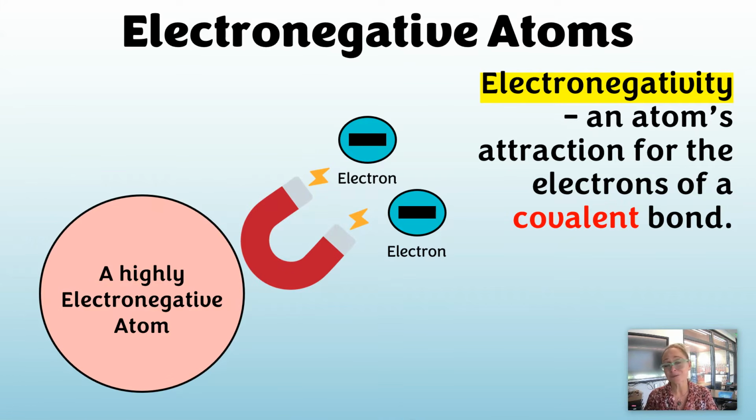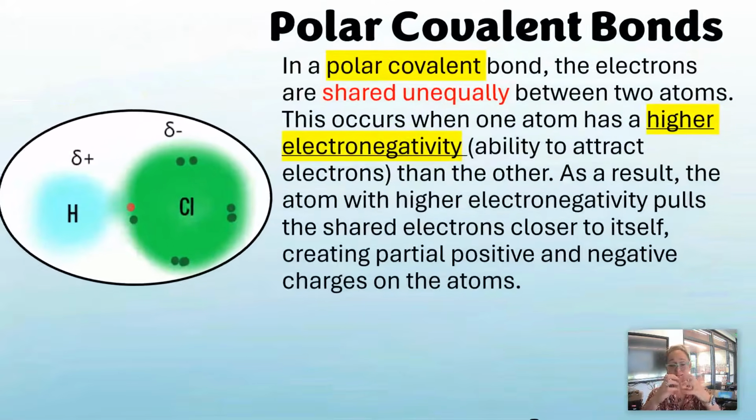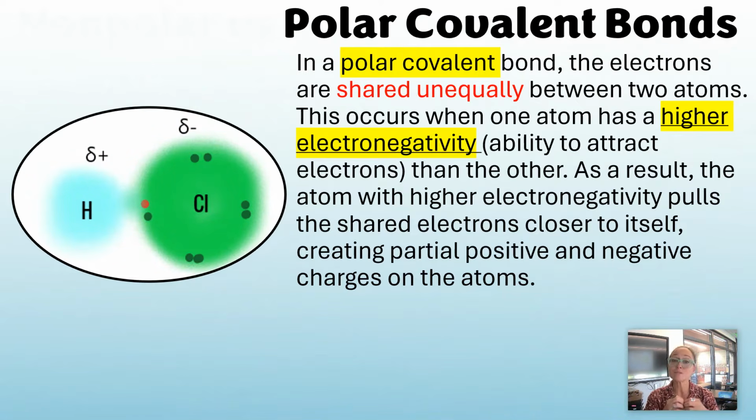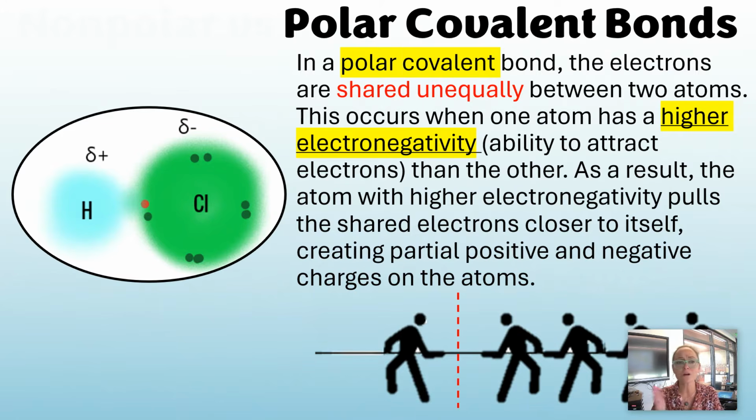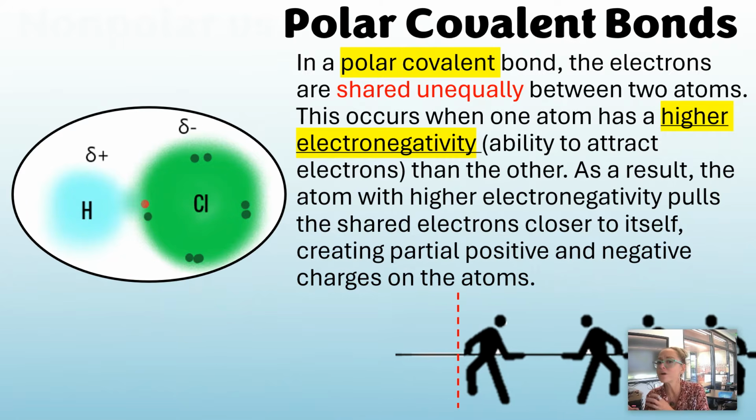So if you have a covalent bond between two atoms where one of the nuclei is more electronegative, it will have a stronger pull on those shared electrons, and that will result in one part of the molecule having a partial positive region and another part of the molecule having a partial negative region. You can kind of think of it as a tug-of-war where there's an unequal pulling, and so one side pulls more or attracts more those electrons, resulting in a partial negative side.